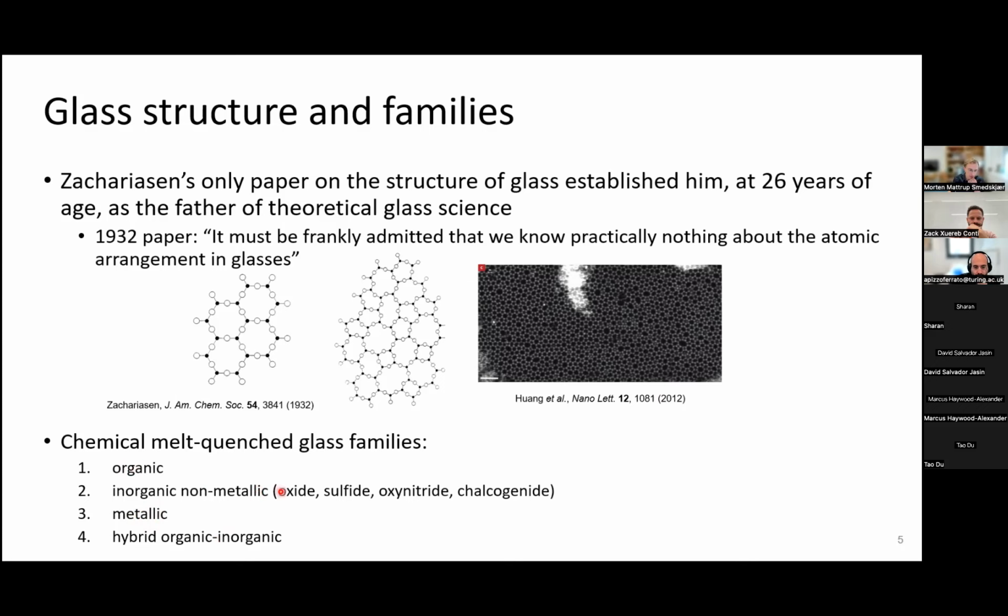The traditional glasses that we talk about when we say glass in daily life would be these oxide glasses, and that will be the main focus of my talk today. So when I say glass, I will be referring to these oxides, but keep in mind that a variety of different material families can form this glass state, and have differences according to the chemistry, but also similarities because they share the underlying features of non-crystallinity, the non-equilibrium nature, and so on.